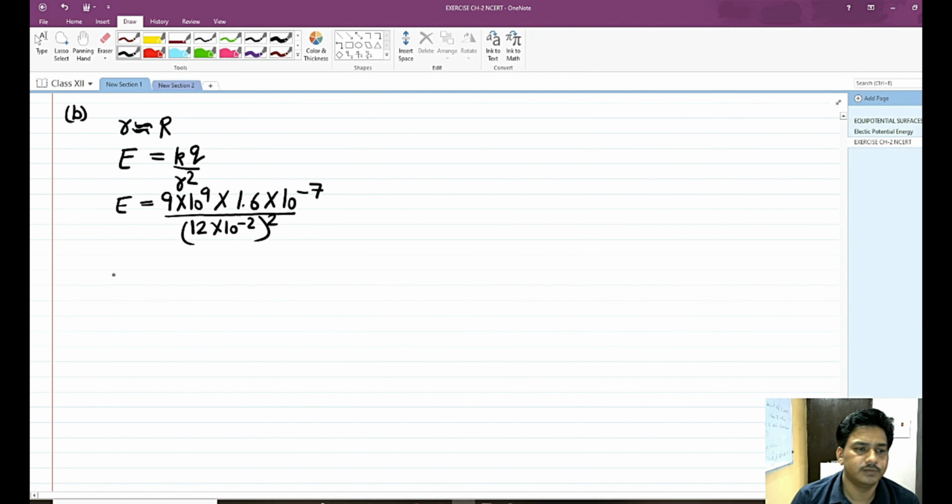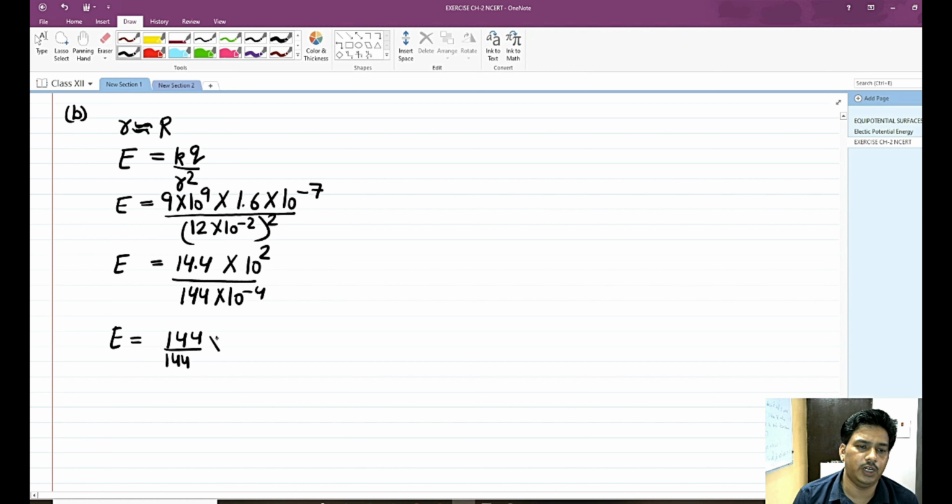Now we solve it. E is equal to 9 into 1.6, that is 14.4, multiplied by 10 to the power 2. Now 12 squared is 144, times 10 to the power minus 4. Now E is equal to 144 divided by 144 into 10 to the power 2 plus 4 minus 1.